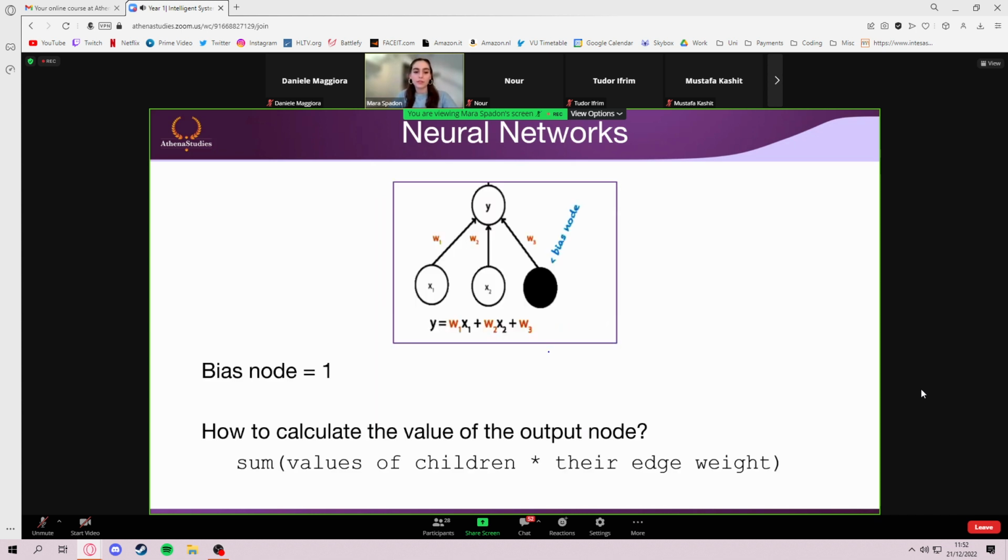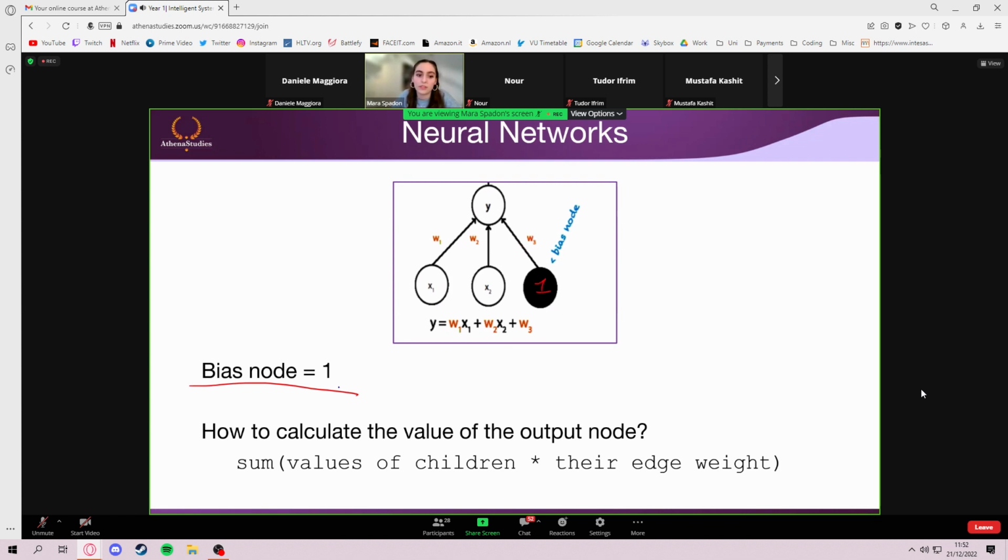Some other things that you have to know is, okay, how do I calculate this? You use this formula here, which is basically just the sum of the values of its children times their edge weights, as you can see here. And one important thing is that if you see a black node, this is called the bias node, and its value is just always 1.